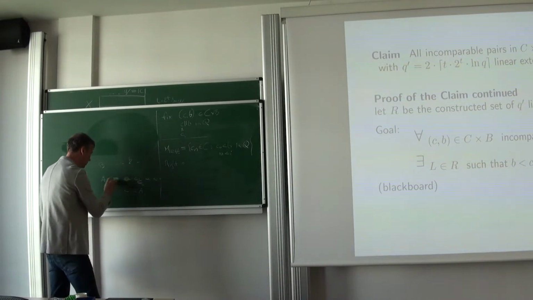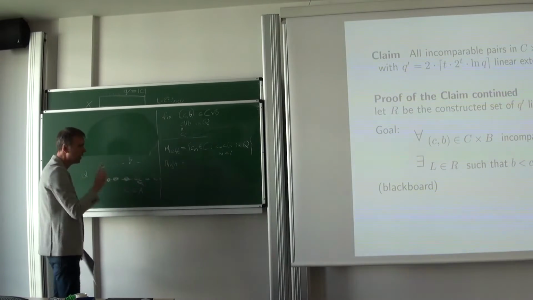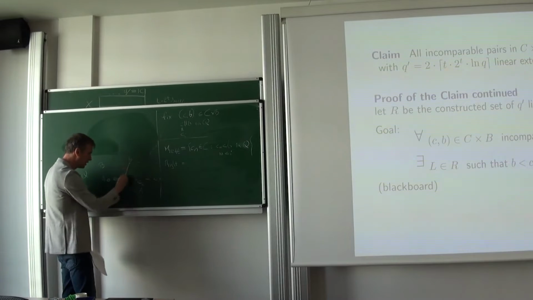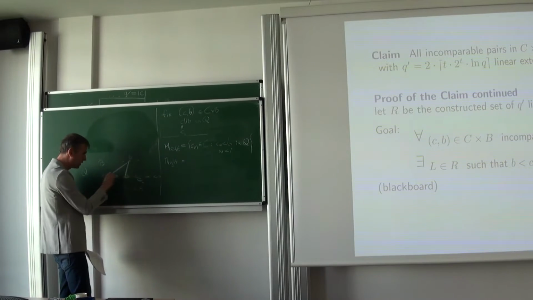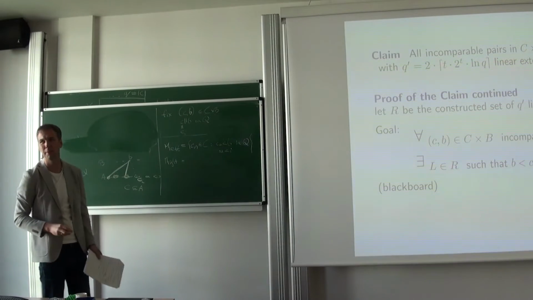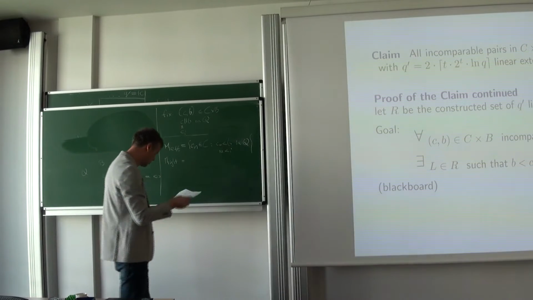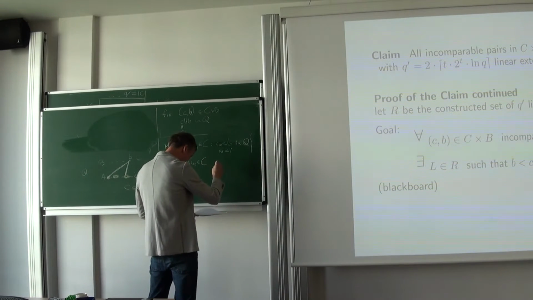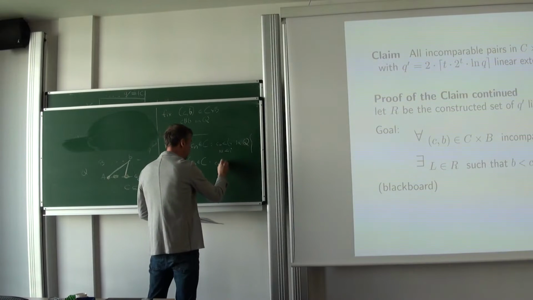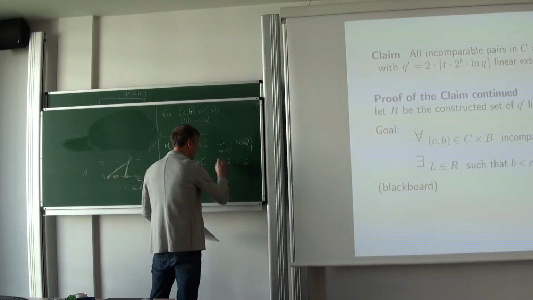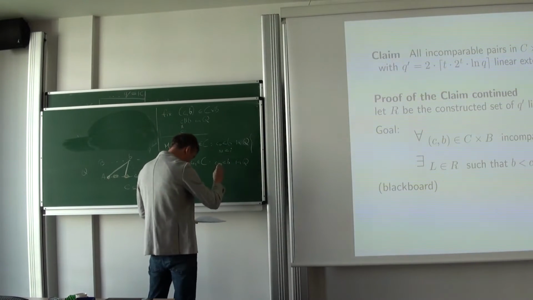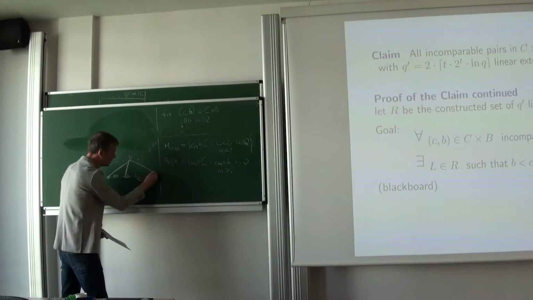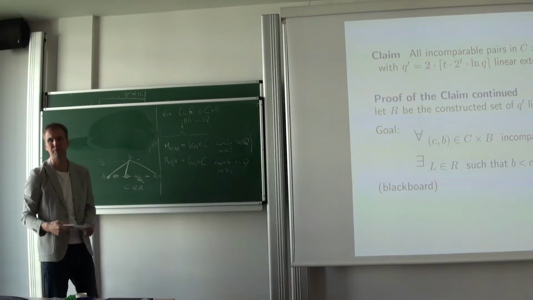So these are the potential elements, and those that are comparable with B. So maybe I take this one, maybe this one, maybe this and this is an M left. M right is pretty much the same: those in C such that again we have a comparability in the poset between Cm and B, but this time m is greater than i. So those on the right. This one would be an M right.